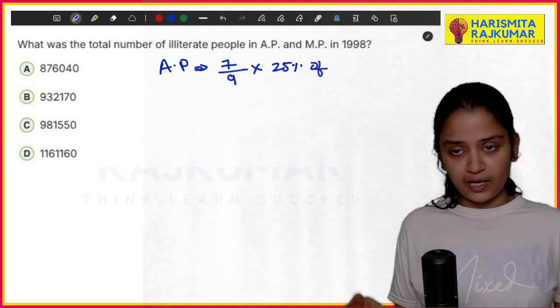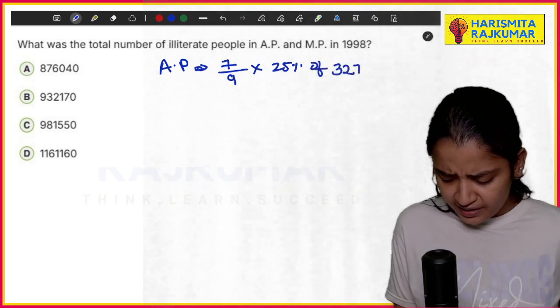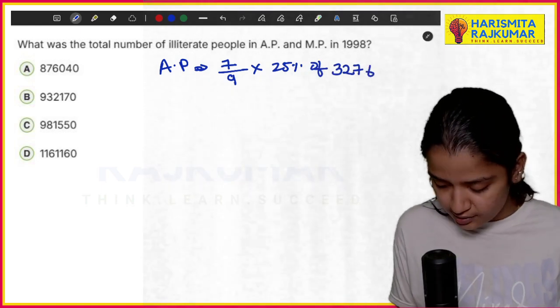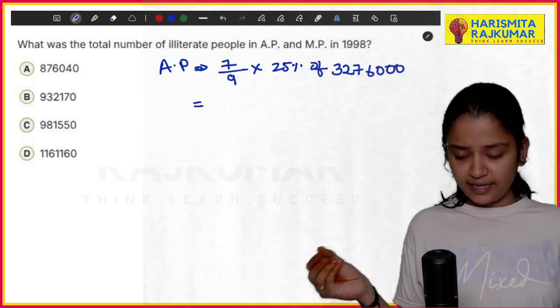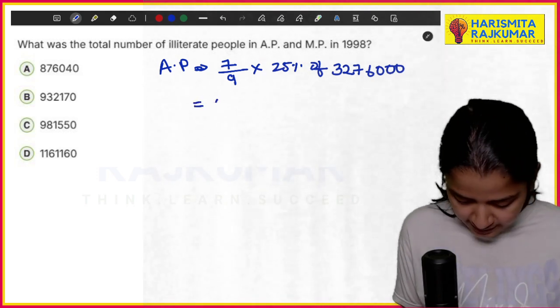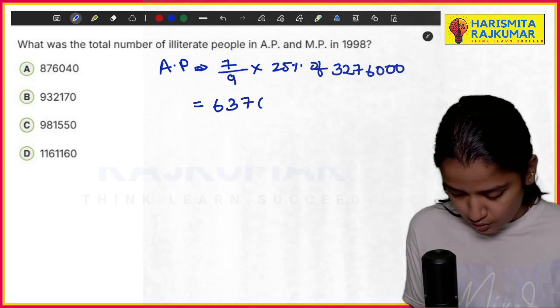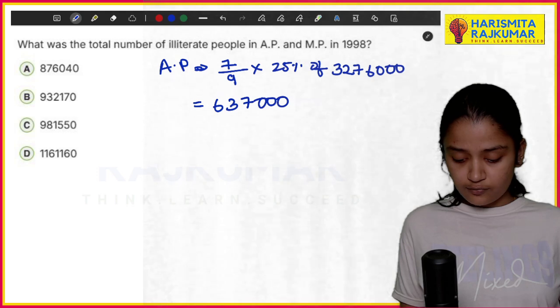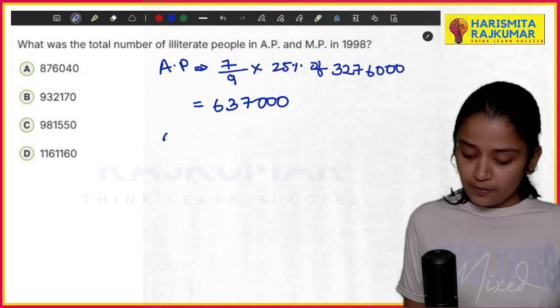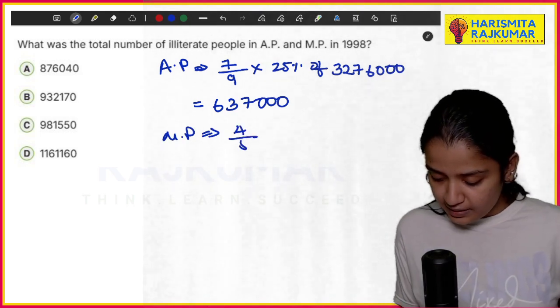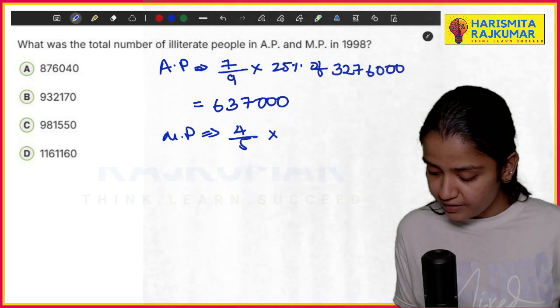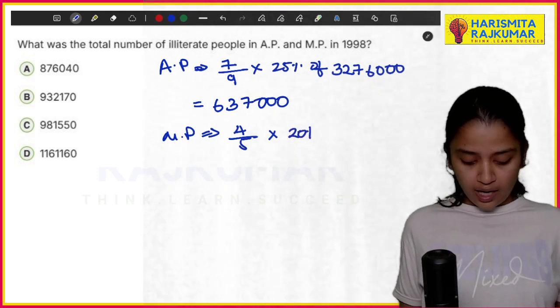We need not keep N here; we can just write it as such. When you calculate this, you get 637,000. Likewise for MP, it will be 4 by 5 into 20% of 327,600.